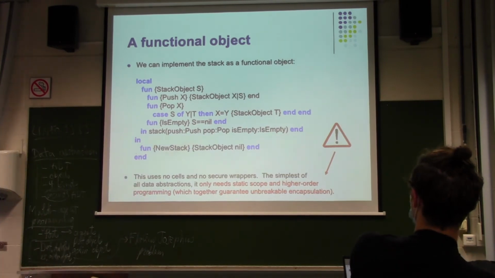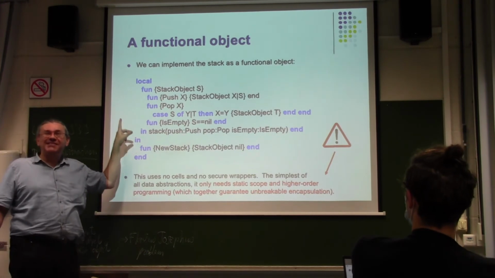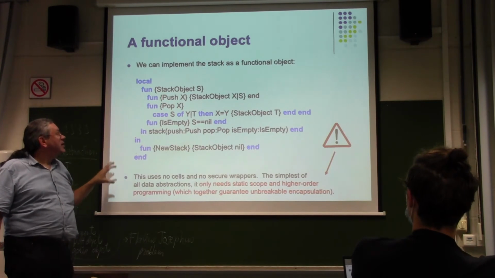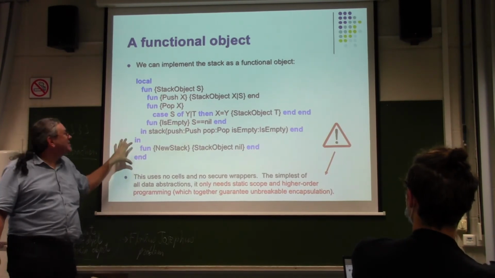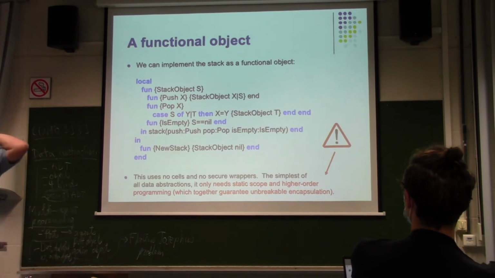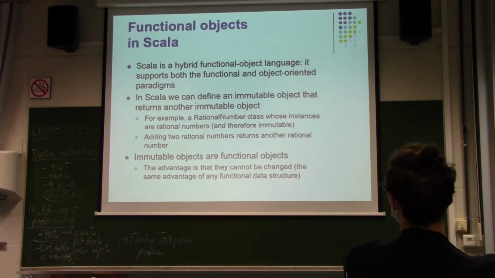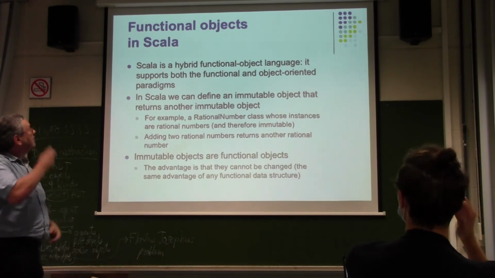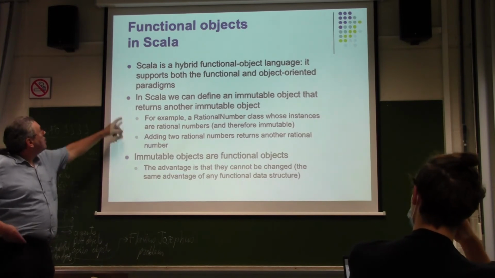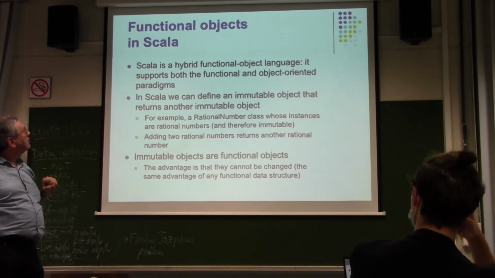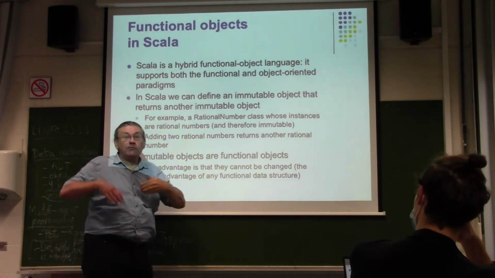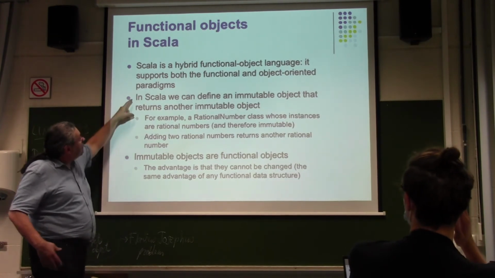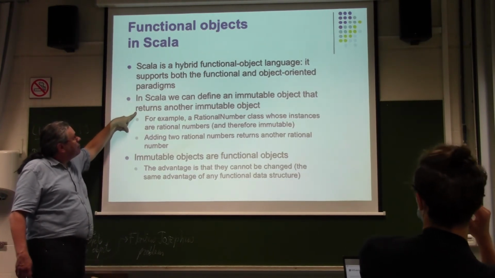It's kind of funny because for many years, no languages were using this. But now, this is starting to become used. I'm not going to say so much more about this, but if you use cloud tools, you should be conscious that these functional objects are going to be inside that. There is a recent language called Scala, which is like an evolution of Java. It has both functions and objects, and we can define an immutable object that returns another immutable object.